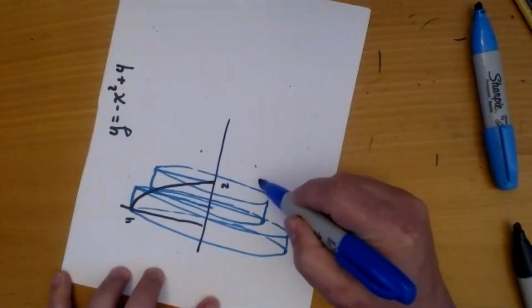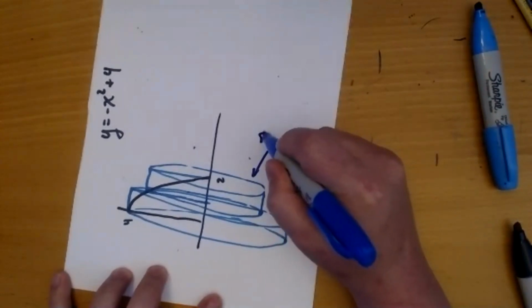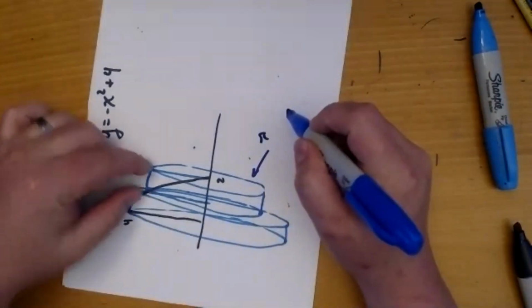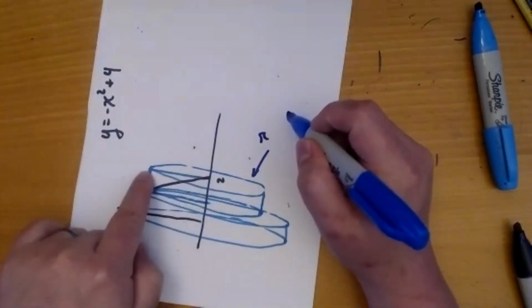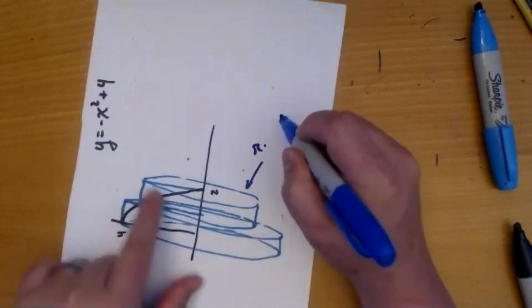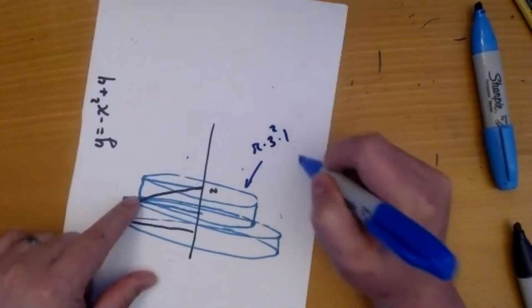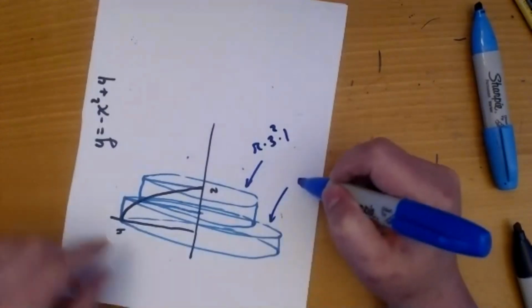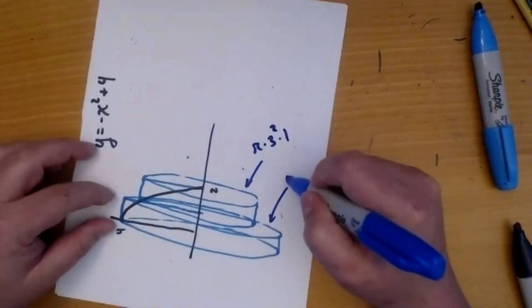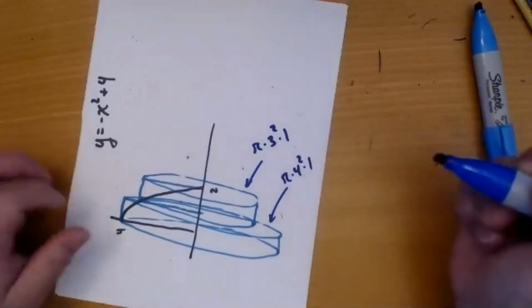Now the volume of this one would be pi times the radius squared times the height. The radius was 3 and its height was 1, and this one's radius is 4 and its height is 1.